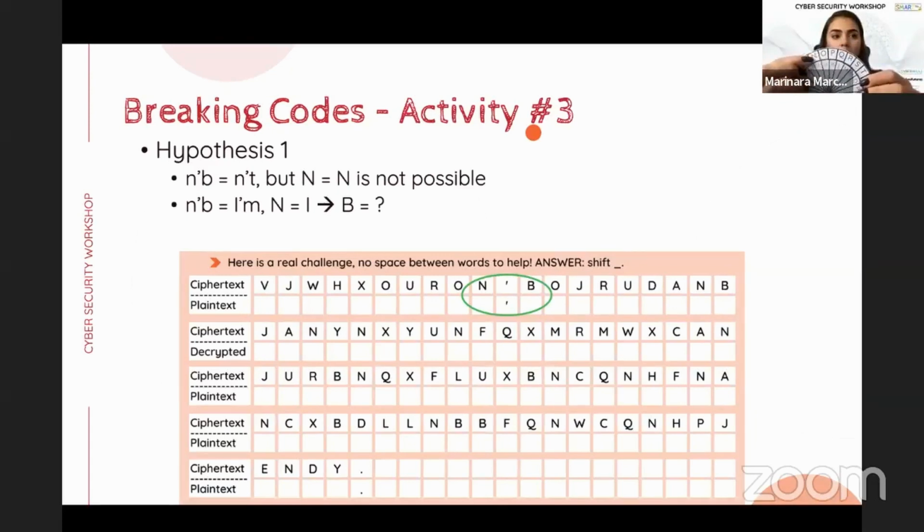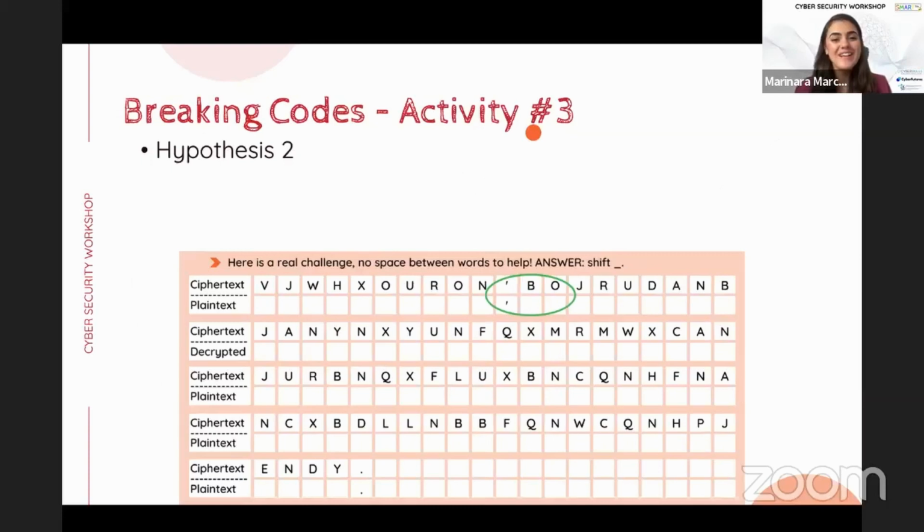So there we go, N and I together. What would B be then? If we go to B, B would be W, it seems. So that wouldn't work, because I apostrophe W doesn't really mean anything. It's not a thing in English. So we can come up with a different hypothesis here.